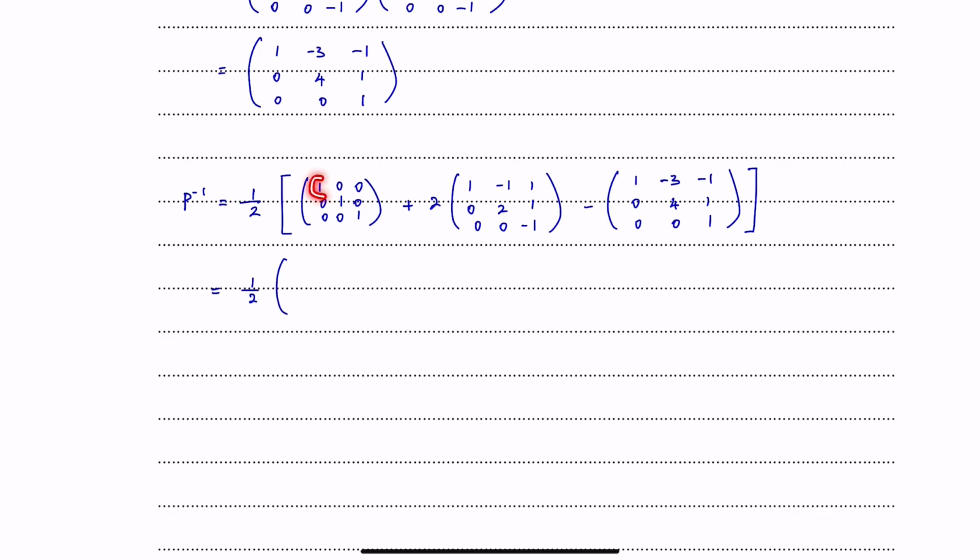So the first value would be 1 plus 2 minus 1. So we get 2. Second value is 0, negative 2 plus 3. We get 1. So I'm just going to write it down.